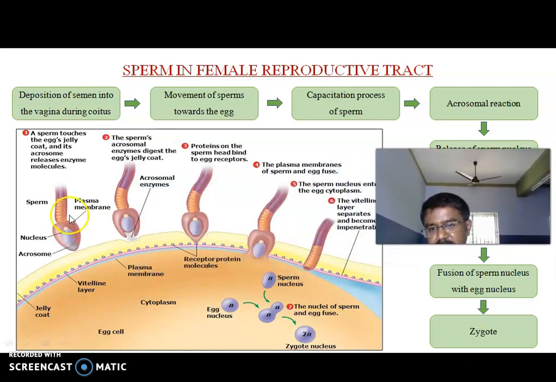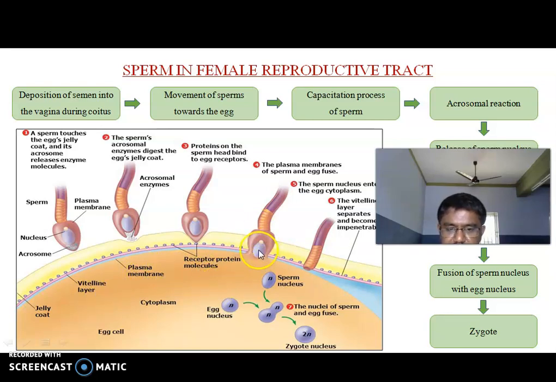Understand? See, the sperm touches the egg's jelly coat and the acrosome releases enzyme molecules. The sperm head region contains the acrosome. The acrosome can destroy or lyse the membrane. See here, the membrane is being destroyed, including the receptor protein molecules, plasma membrane and vitelline layers.